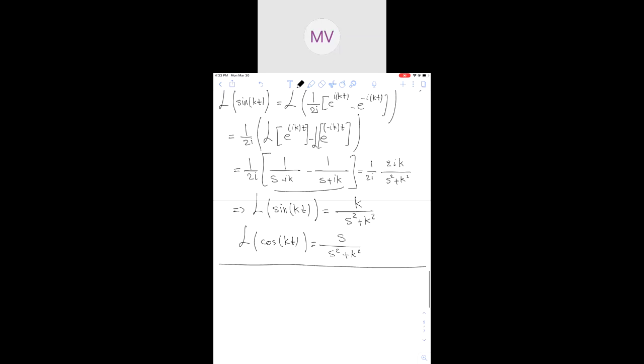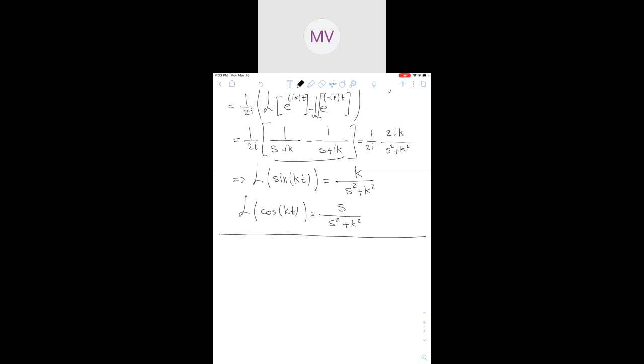Okay. We did it. Now, let's do a couple examples. Let's start with this. What is Laplace of 3 sine of 2t minus 7 cosine hyperbolic of 5t?